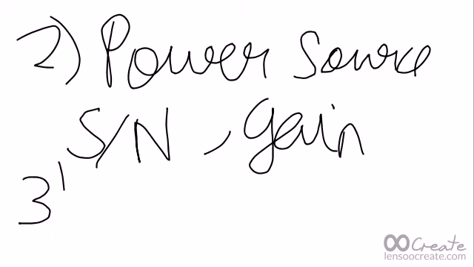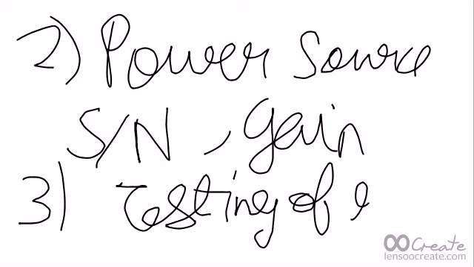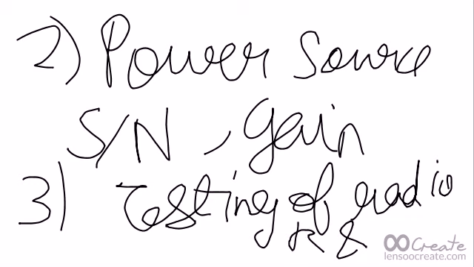And it is extensively used in the testing of radio receivers and transmitters. You know that it works in the radio frequency range only. It generates a radio frequency signal, and hence it is used in the testing of radio receivers and transmitters.